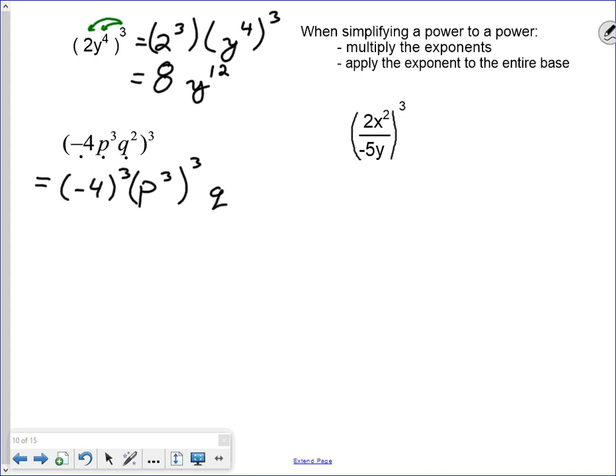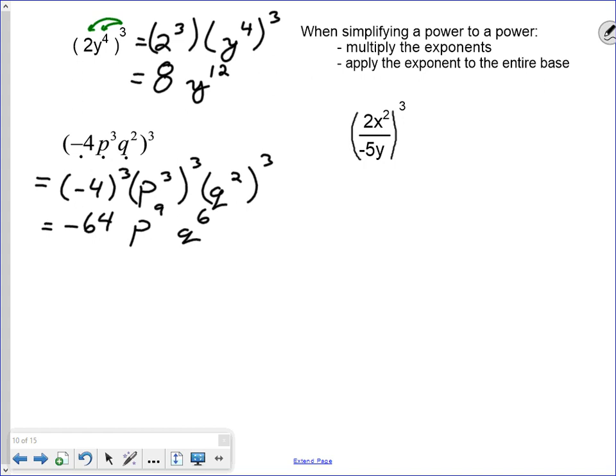Q squared to the power of 3. And then evaluate them separately. Negative 4 to the power of 3 is going to be negative, because it's an odd exponent, 64. We're going to have a p. 3 times 3 gives us 9. And then q, 2 times 3, gives us 6. So negative 64, p to the 9, q to the 6.